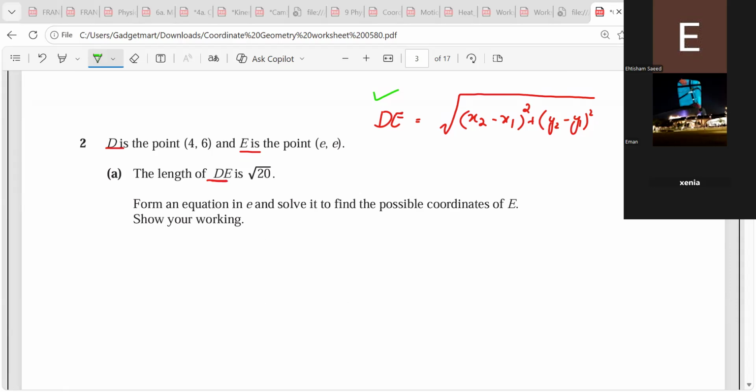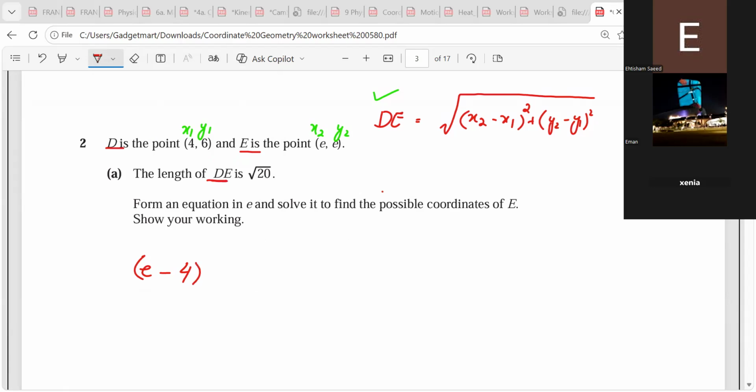Okay. So basically, now you have to find out. So here this is x1. I'm just taking it as x1, y1, taking it as x2 and y2. So let's solve it. So what is x1? So x1 is 4, x2 is e, and x1 is 4.